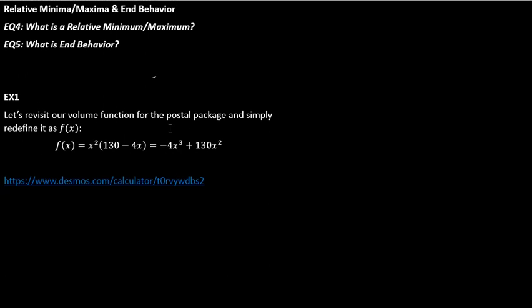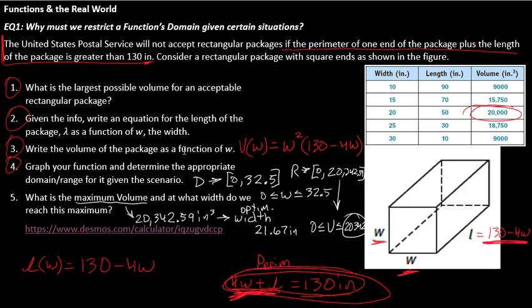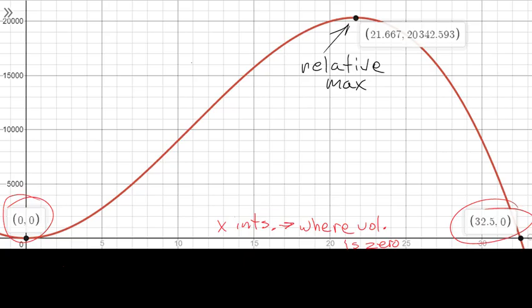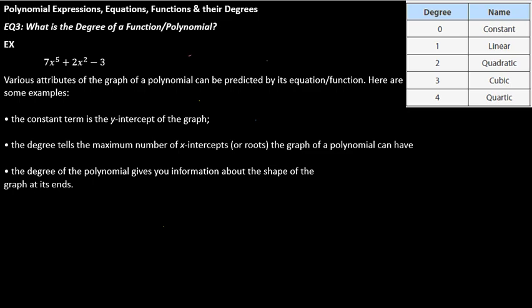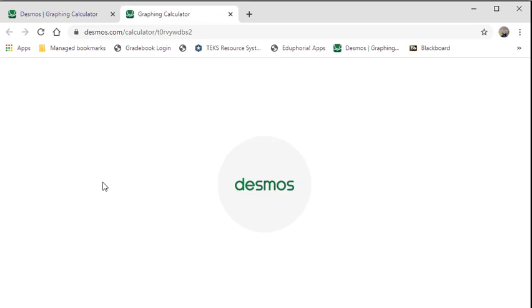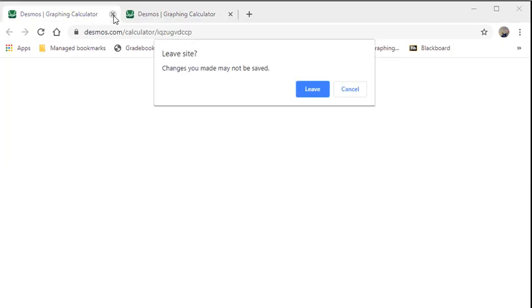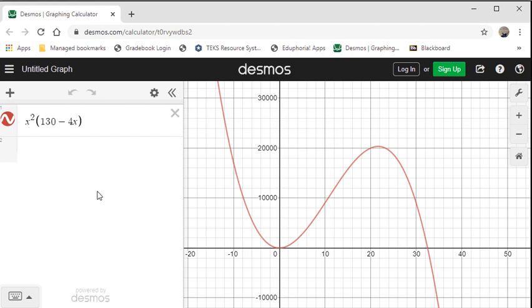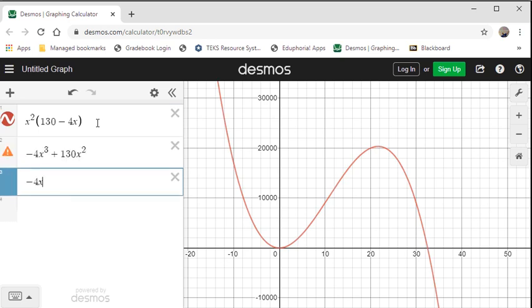So let's revisit the volume function from when we were talking about the Postal Service package, right? So let's look at our graph again of that. Here is our function from earlier, except I've just zoomed it out a little bit, and it's written pretty ugly, right? But I can just rewrite it.